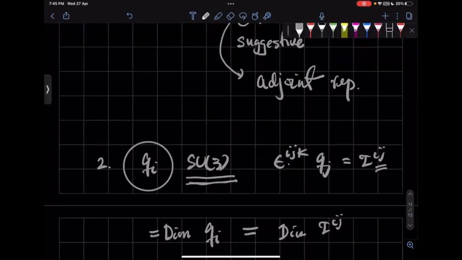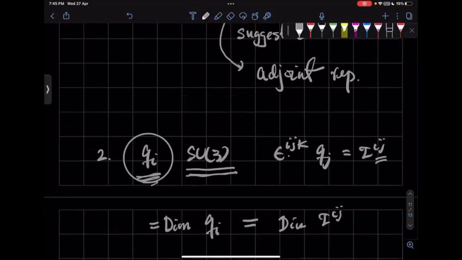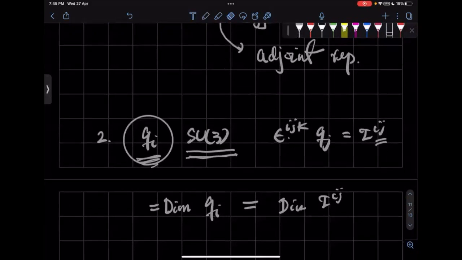They're 3 by 3, right? So what kind of vectors will an SU3 matrix act on? The fundamental 3. So what is the dimension of Qi? 3. Right, 3. So the claim is this is also three-dimensional.